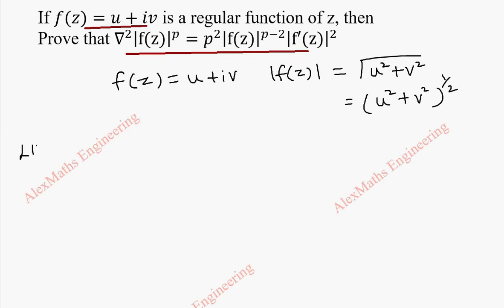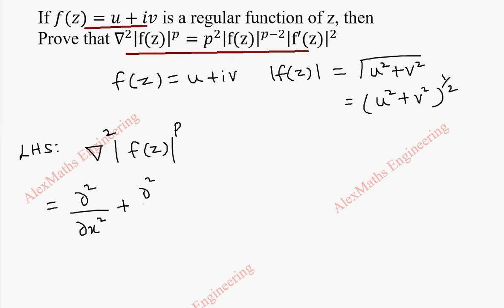Now coming to the left hand side, we have del square of mod f(z) power p. The del square operator is ∂²/∂x² + ∂²/∂y² of mod f(z) power p, which is (u² + v²) power half and power p, so total power p by 2.